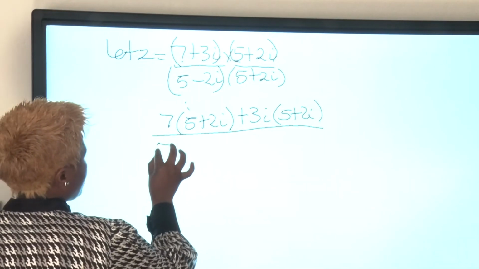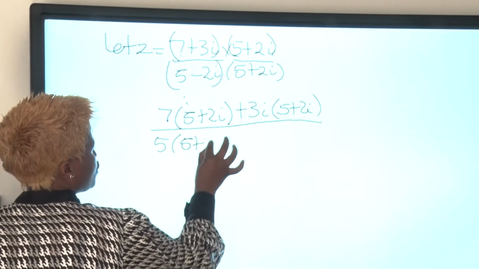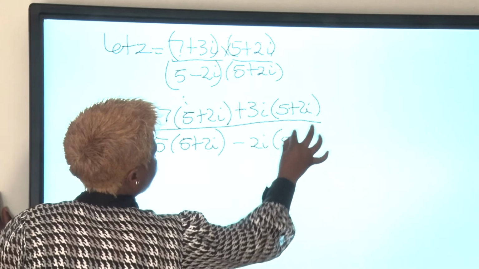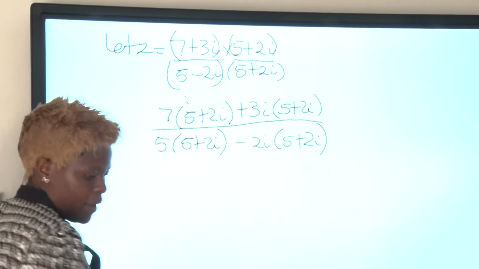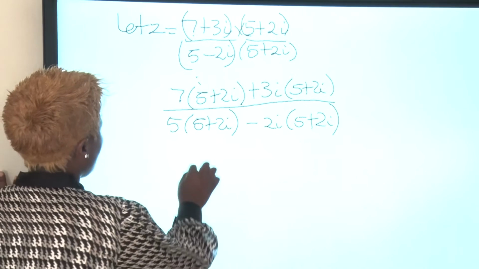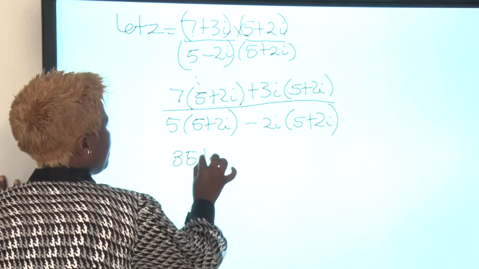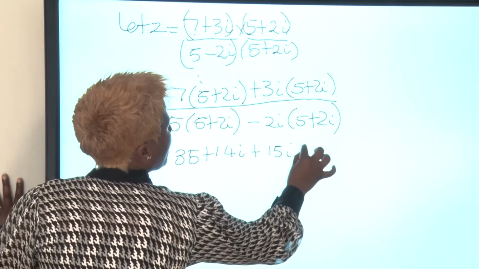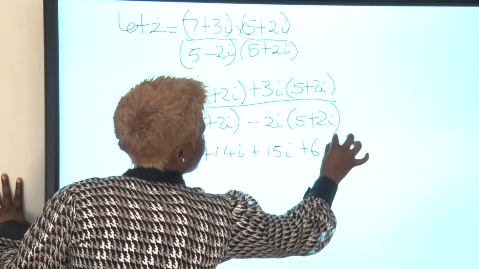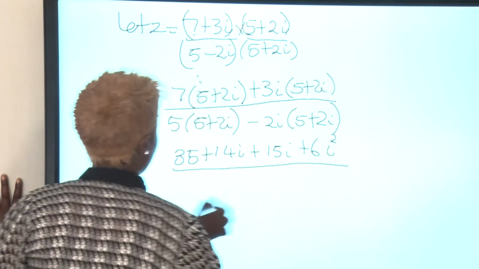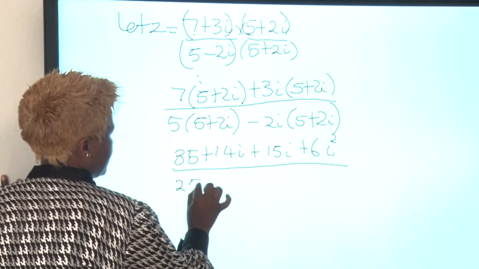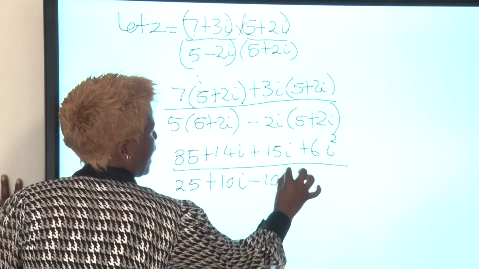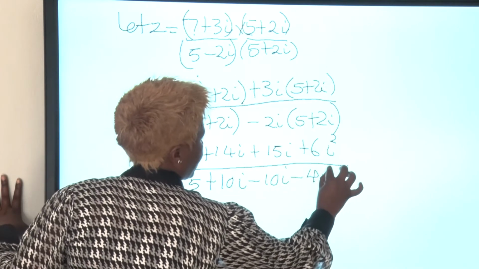For the denominator it will be 5 bracket 5 plus 2i minus 2i bracket 5 plus 2i. And when you simplify this, you will get 35 plus 14i plus 15i plus 6i squared over 25 plus 10i minus 10i minus 4i squared.